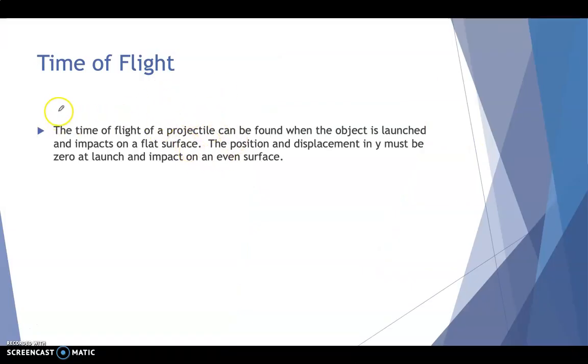There's also this idea of time of flight. So this is the time the object is in its trajectory. We know that for this, the position and the displacement in the y direction must be 0 at launch and impact on an even, flat surface. So we rearrange the equation that we just used, y equals y naught plus v naught y t minus 1/2 g t squared.